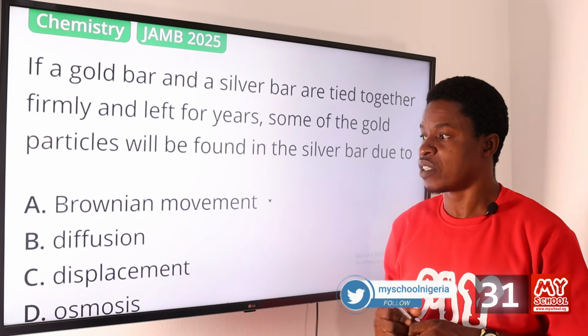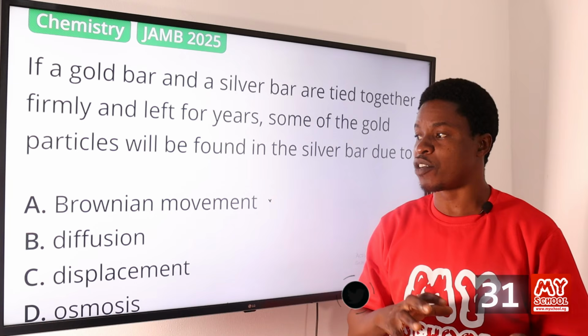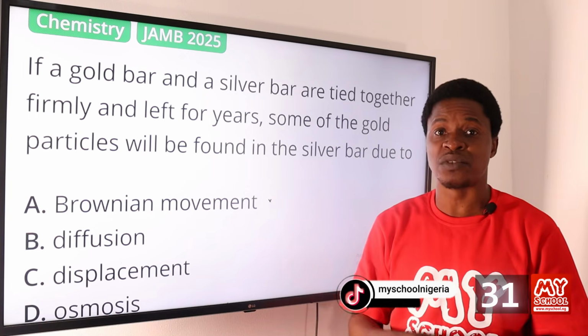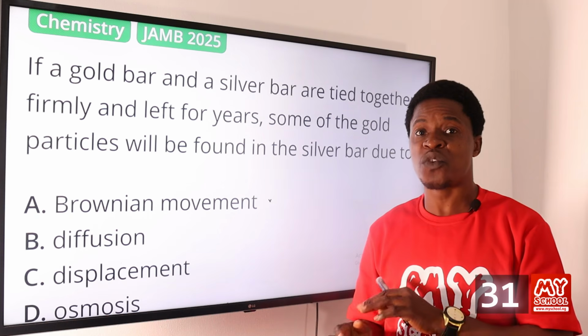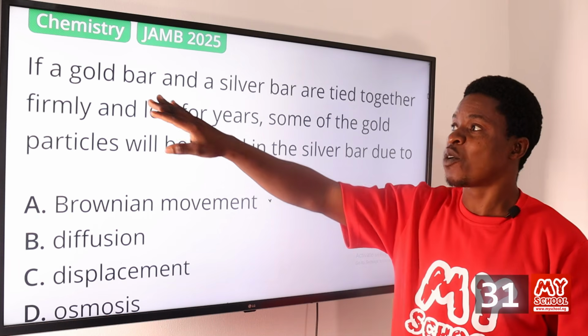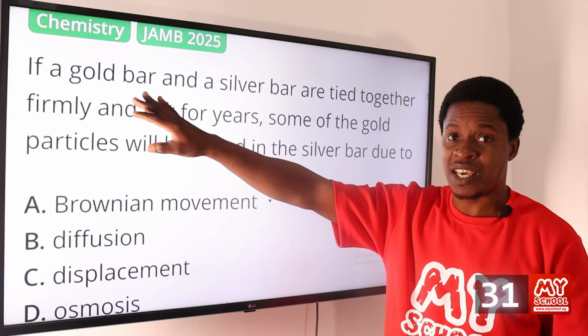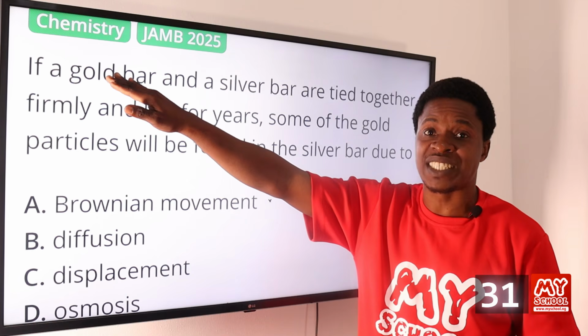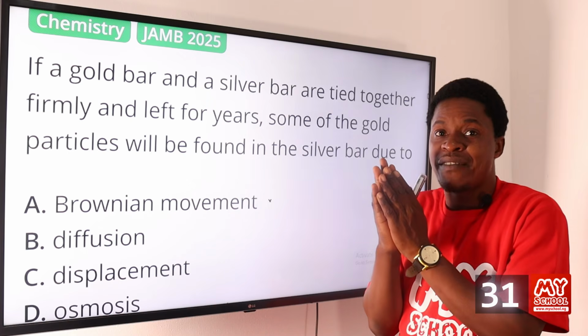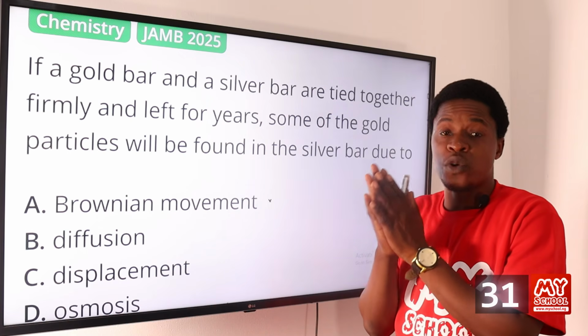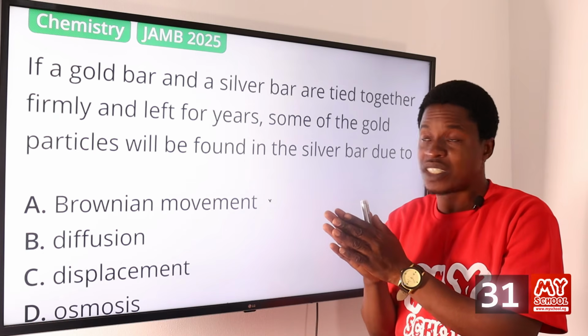Option B says diffusion. Well, diffusion is the movement of particles, whether solid particles, from a region of higher concentration to a region of lower concentration. So the gold bar is solid, and the bar is highly concentrated in that place. The silver bar is the place where you have little or no gold at all, the particles of gold on this one.